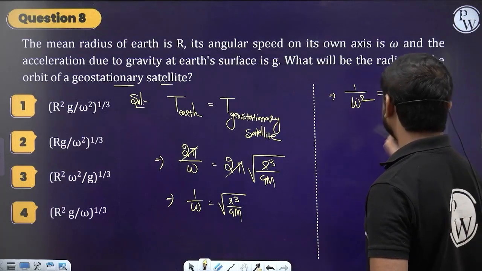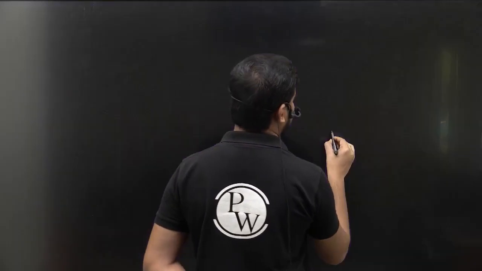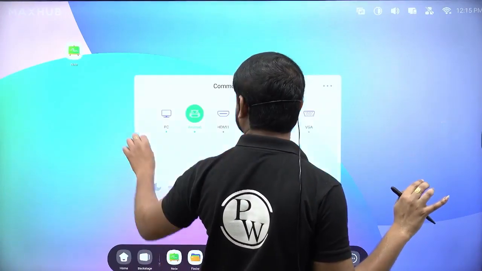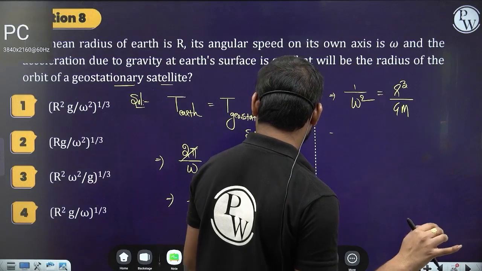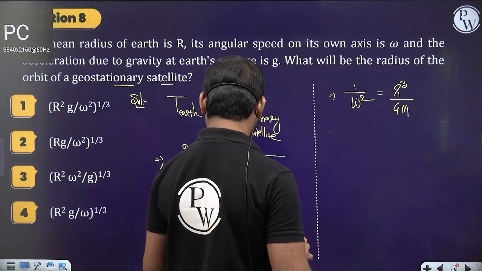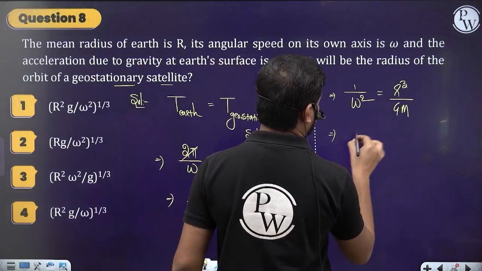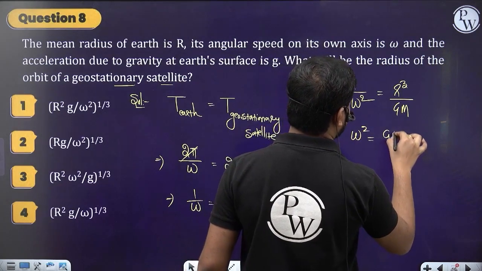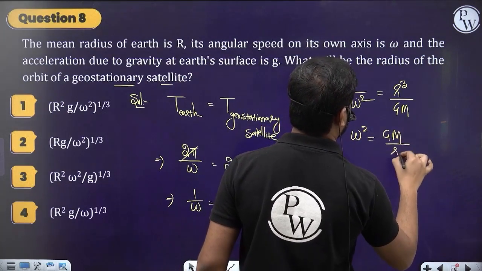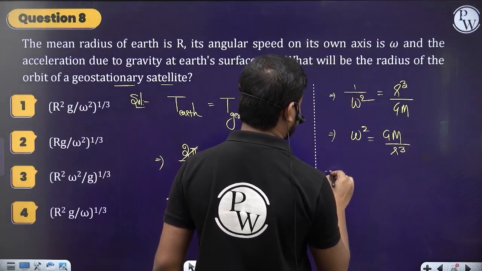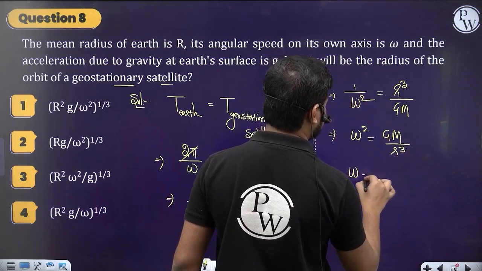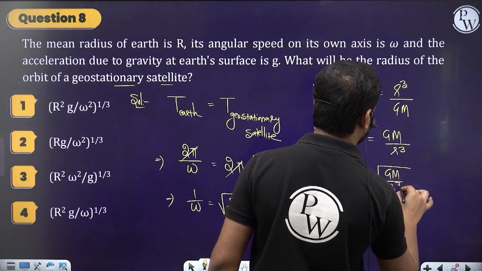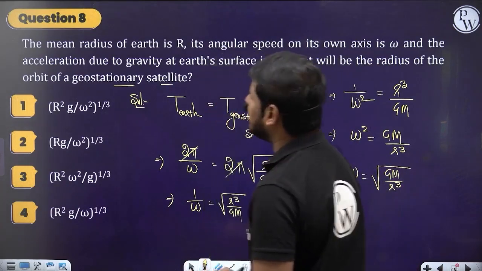So omega square is equal to GM by r cube, and omega is equal to root over GM by r cube.